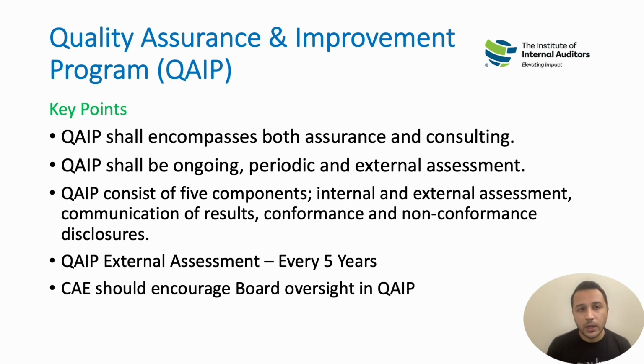Basically, the QAIP program states that the internal auditor always tries to find ways of improving themselves by measuring their audit activities. The very basic version of quality assurance and improvement program is to set the KPIs and assess the performance of individual auditors on engagement, and periodically based on those KPIs assess whether they are doing as intended or not.